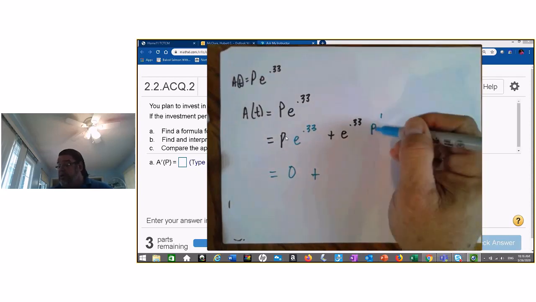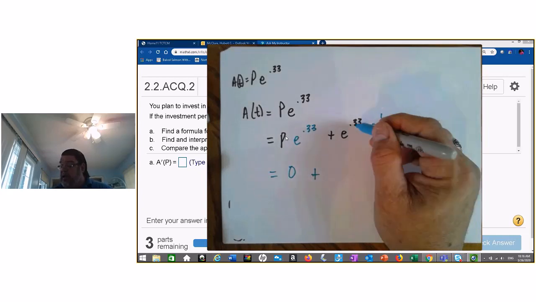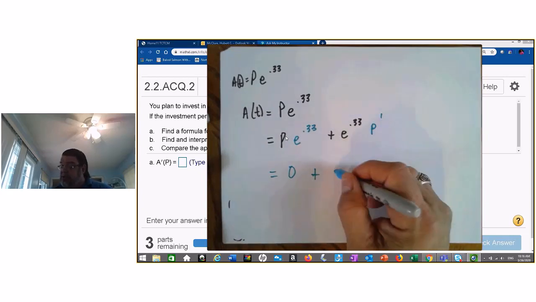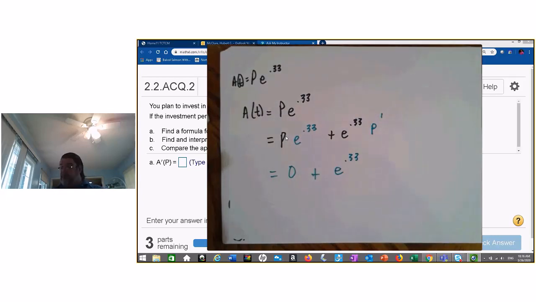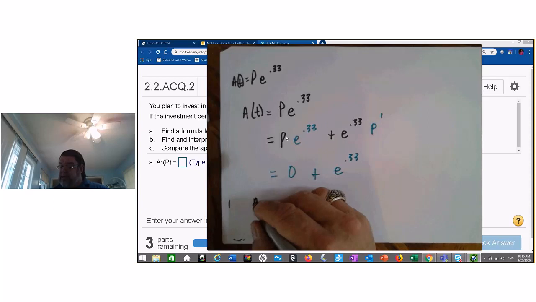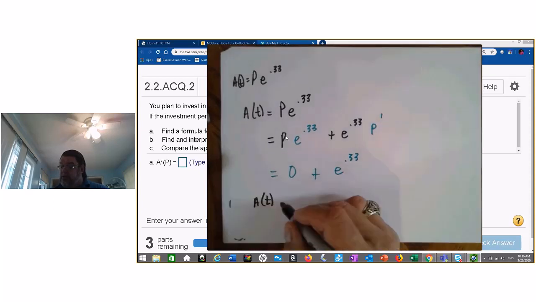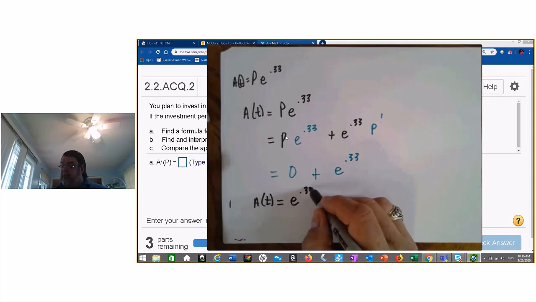Okay, that's where they're getting it. And then 1 times e to the 0.33. So that is the answer.